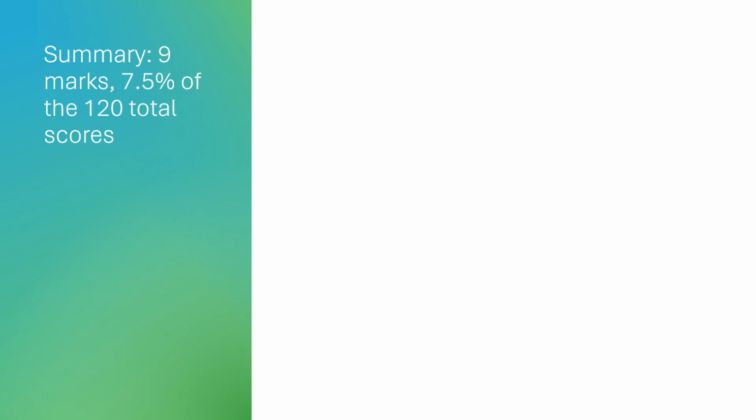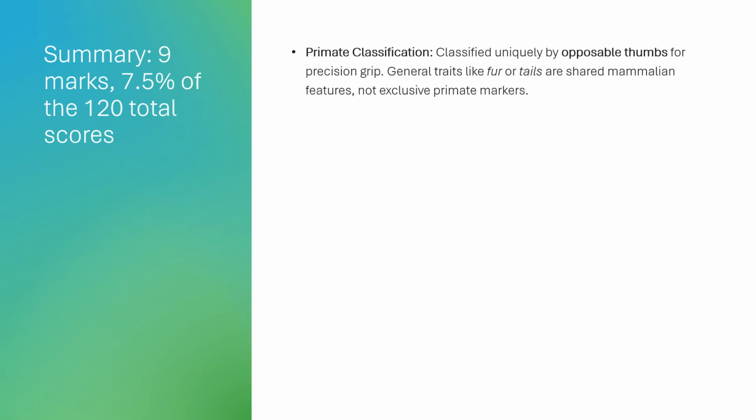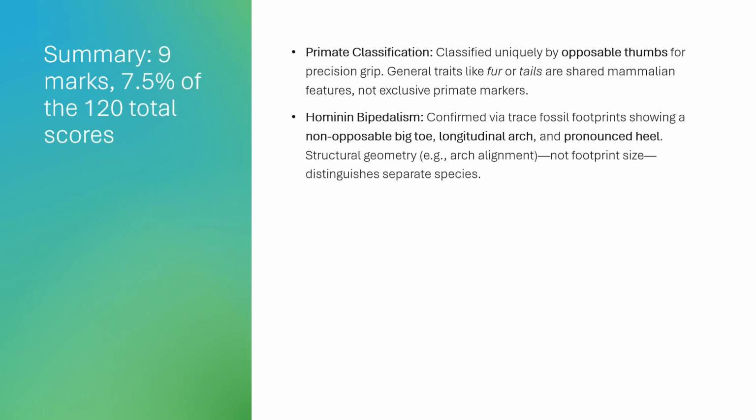Primate classification, classified uniquely by opposable thumbs for precision grip. General traits like fur or tails are shared mammalian features, not exclusive primate markers. Hominin bipedalism, confirmed via trace fossil footprints showing a non-opposable big toe, longitudinal arch, and pronounced heel.